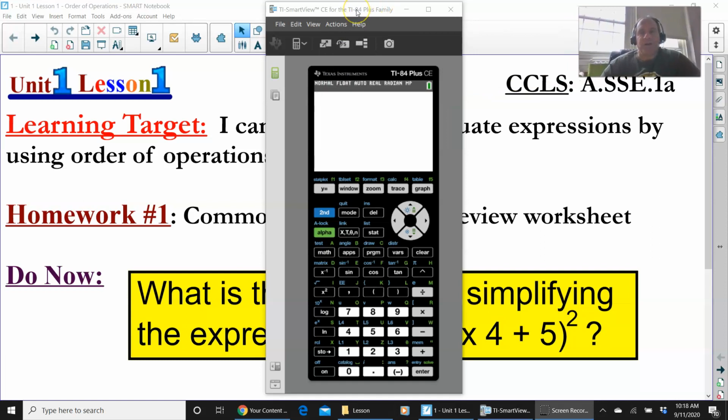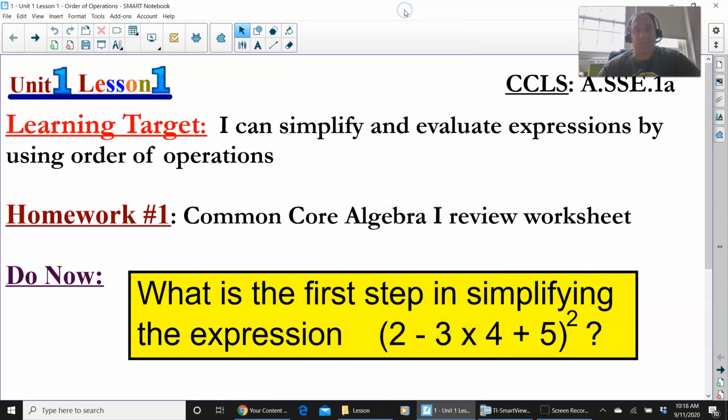Make sure that you have the TI-84 calculator ready and right by your side, because every single thing that you do in the 9th grade in this integrated algebra class will be done on the calculator. Right now, we're going to simplify without using the calculator, because it asks what is the first step in simplifying the expression, so you would have to know what the first step is.